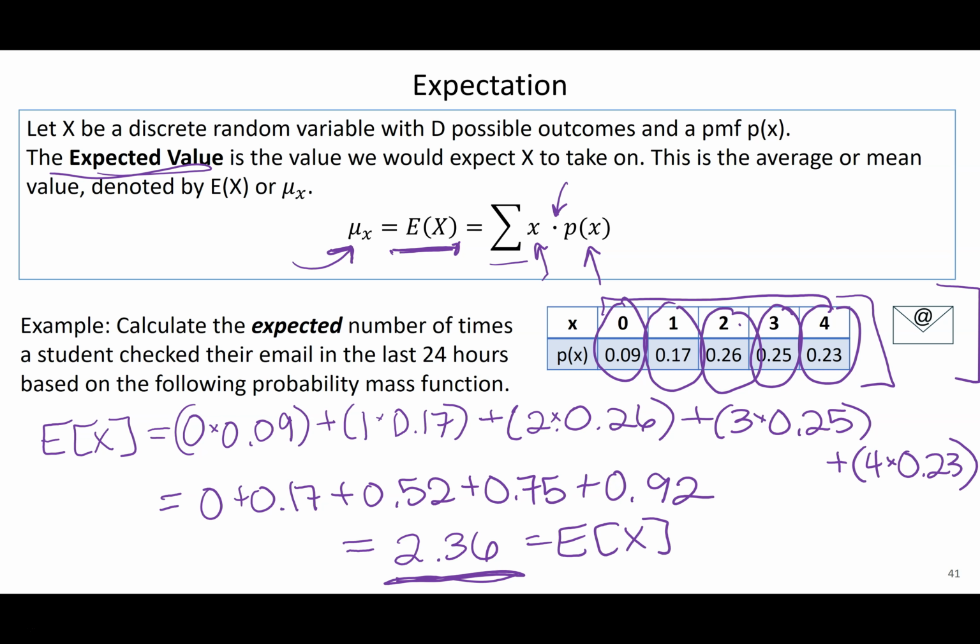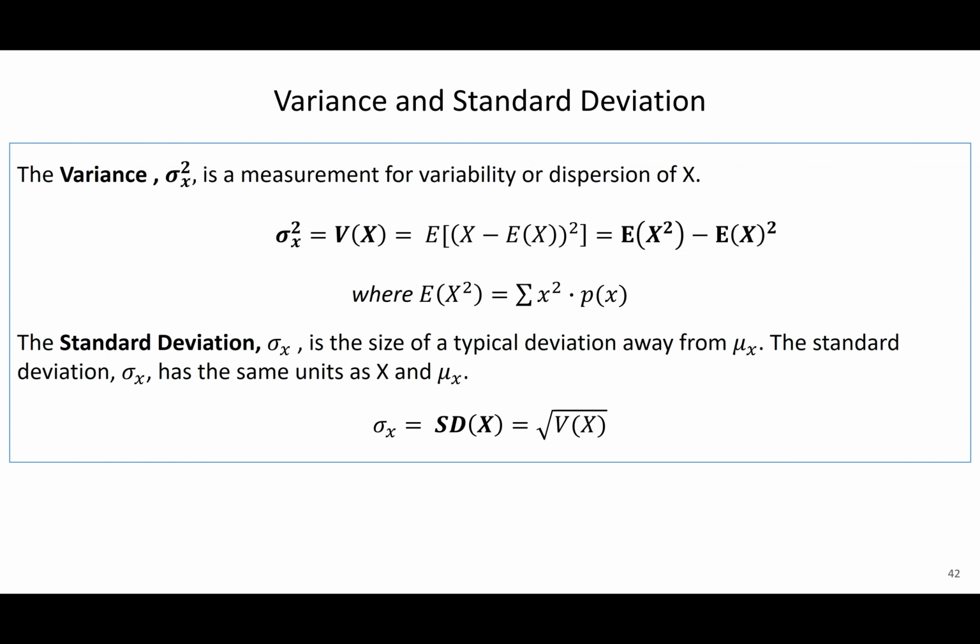So now that we have the average, we might like to talk about how spread out the values are. From student to student, how far are they varying from that average that we calculated? So we have the variance, which has some really nice statistical properties. It is denoted by the Greek letter sigma, or sigma x squared. It's a measurement of variability.